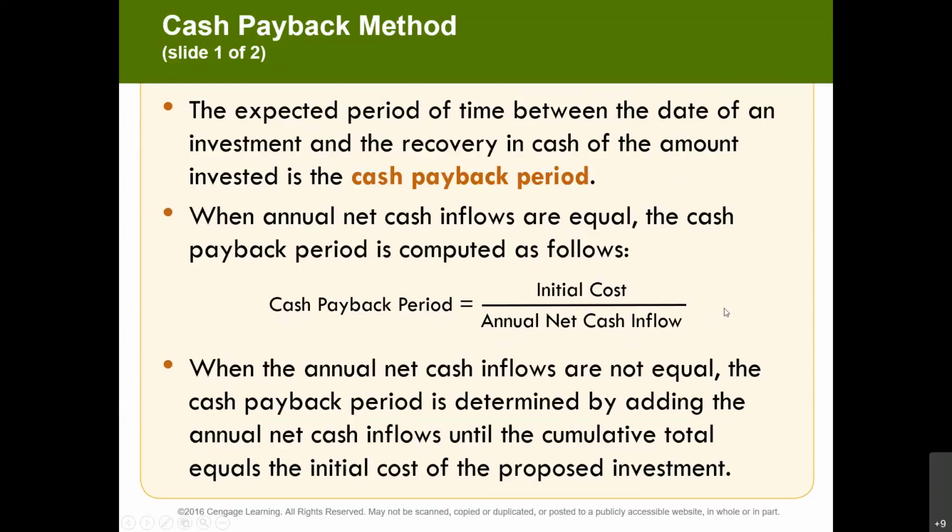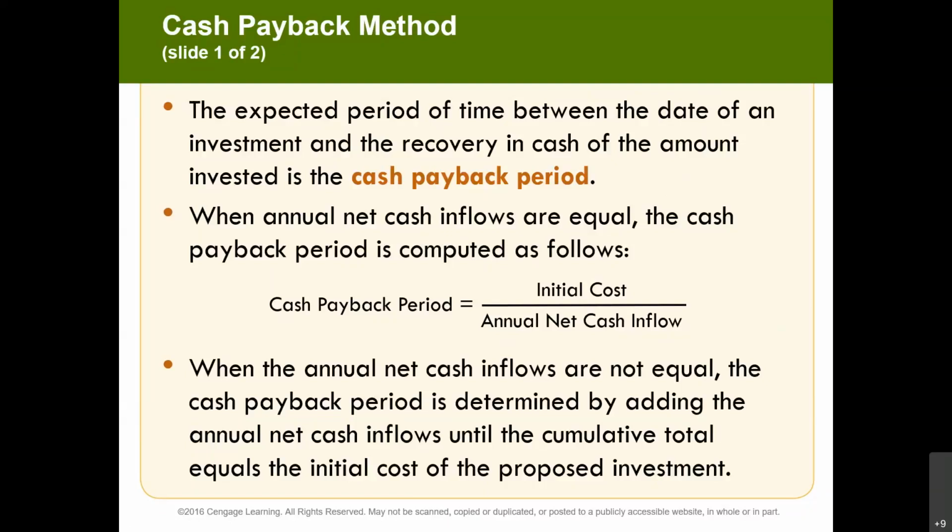When the annual net cash inflows are not equal, which is, by the way, how it works in reality, the cash payback period is determined by adding the annual net cash inflows until the cumulative total equals the initial investment. So in other words, let's say I have a piece of equipment and the initial investment is $20,000.